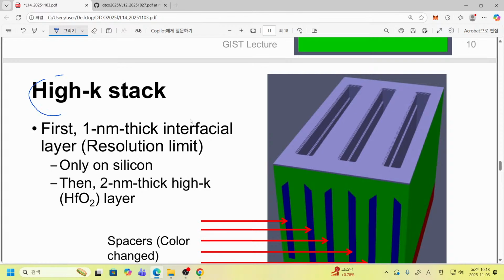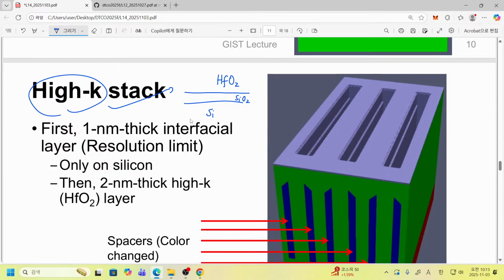The high K stack is usually thought of as just this one, silicon, and usually hafnium oxide with some additional components. And here we also have a very thin layer of silicon dioxide.